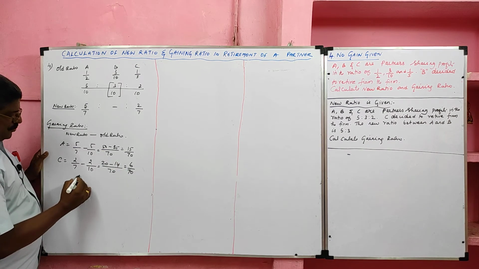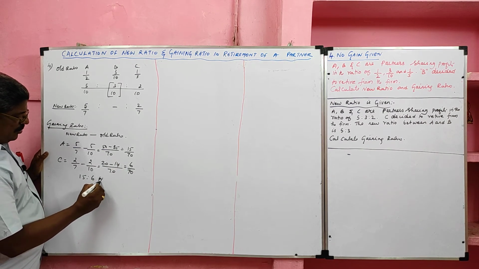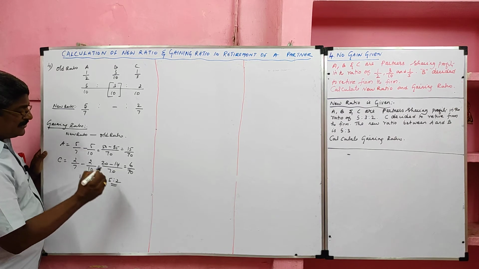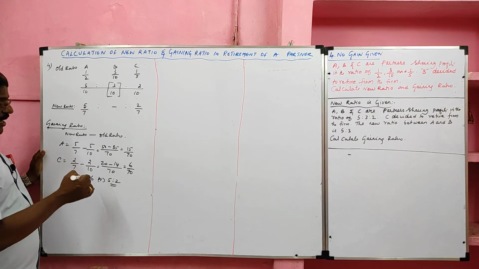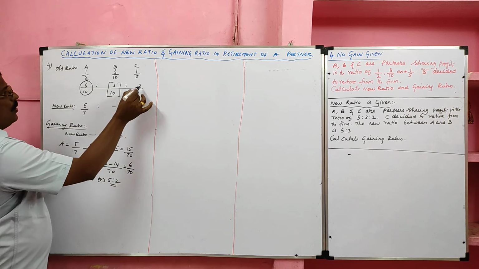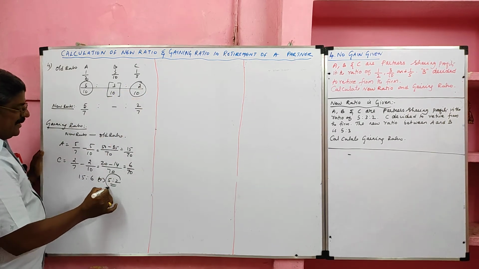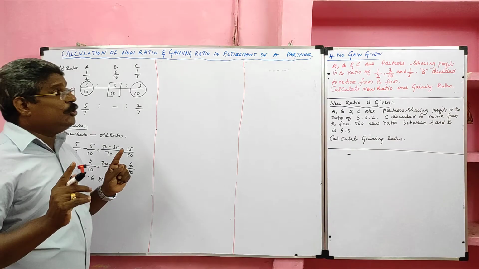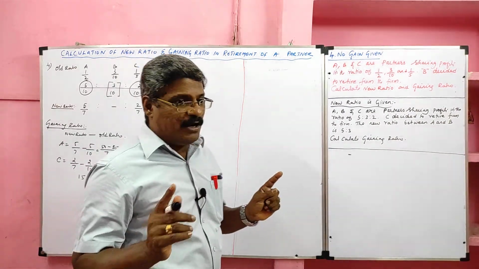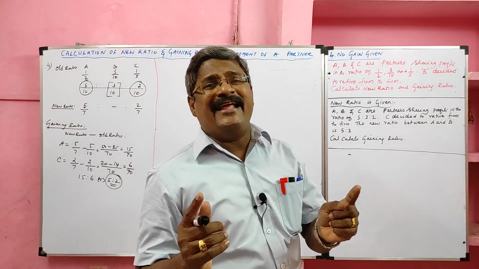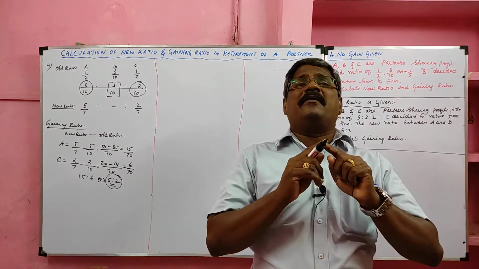So his gaining ratio is 15 is to 6, or 5 is to 2. Students, in this case, the old ratio and the gaining ratio should be the same. When no gain is given, the old ratio and gaining ratio of the continuing partners remain the same.